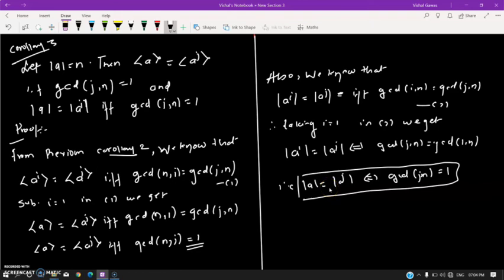Remember this. That's what we have in this corollary. We would take some examples and check out what exactly we mean.